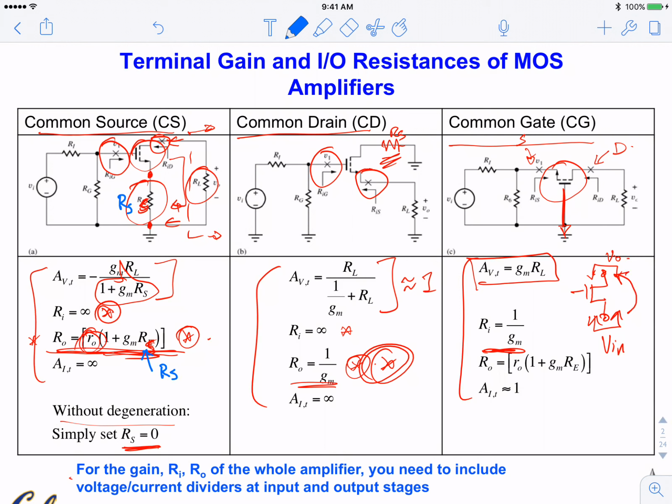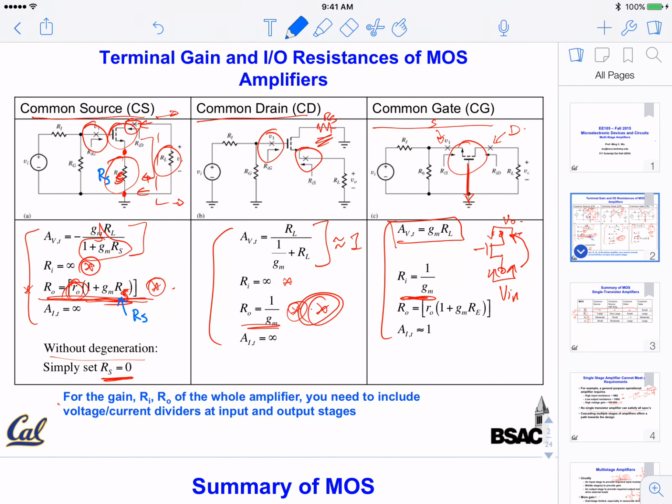These symbols may have some leftovers from bipolar notation, in which case it may be written as RE, emitter. Actually, there is an intuitive way of looking at it.